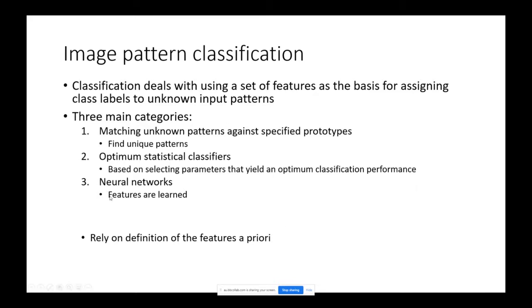And the third is neural networks, which has as its ultimate goal, and that's what deep learning does today, especially in the shape of convolutional neural networks, that the neural network learns the features and then classifies. That's why they are very famous.